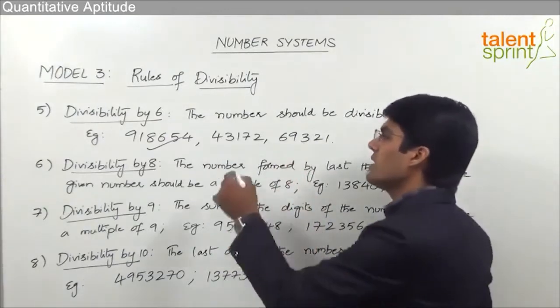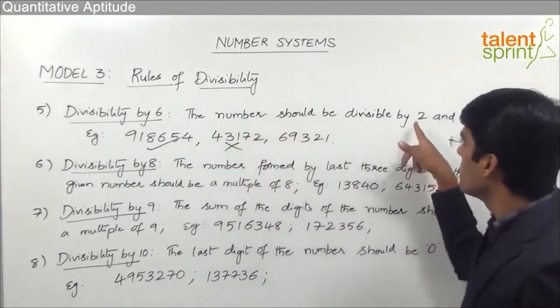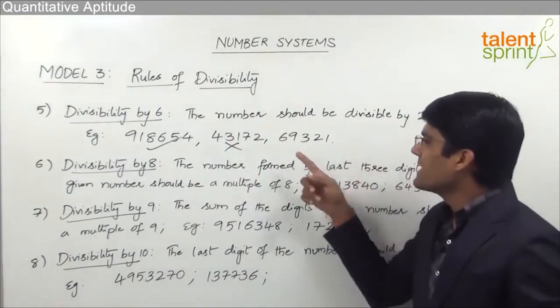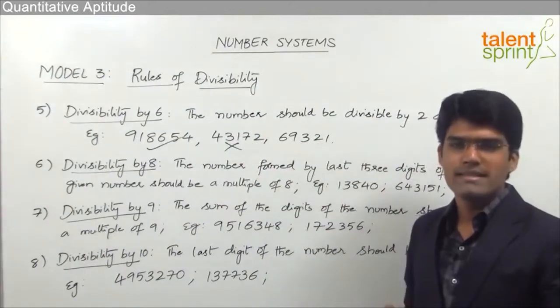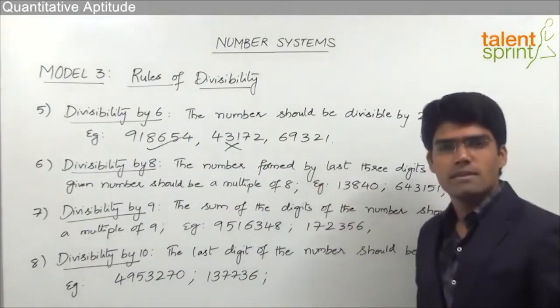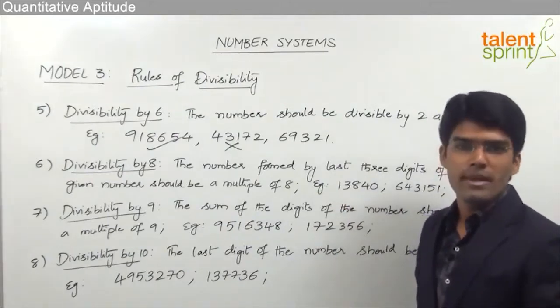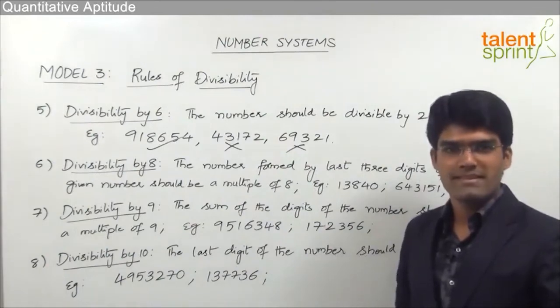Hence it is not divisible by 6. Why? Because for it to be divisible by 6, it should be divisible by both 2 as well as 3. Now in the third example here, 69321, the number is odd, and hence we can say that it is not divisible by 2. And once a number is not divisible by 2, it will not be divisible by 6 also. So even this number is not divisible by 6.